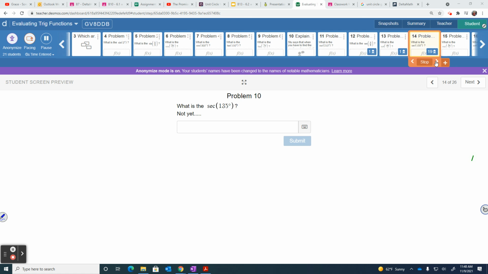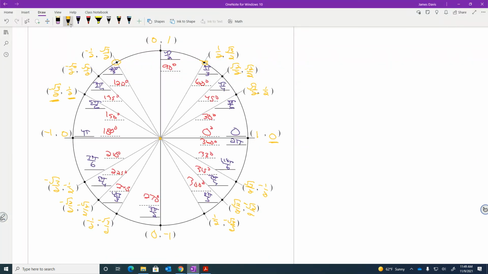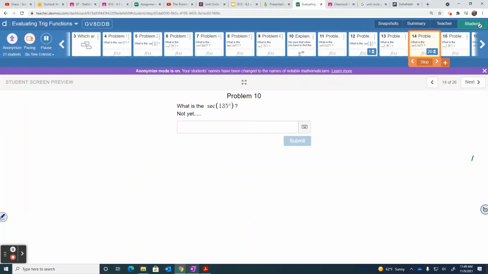Secant of 135 degrees. So secant is going to be 1 over the x. 135 is going to be negative radical 2 over 2.